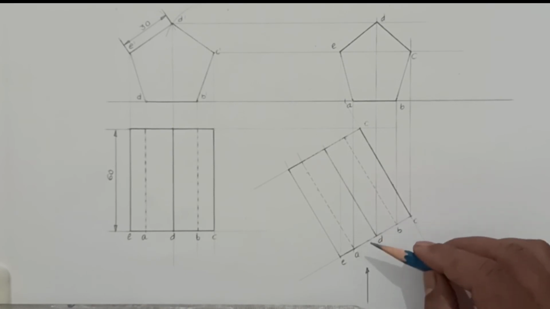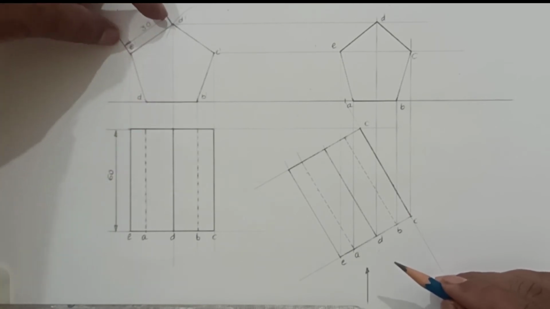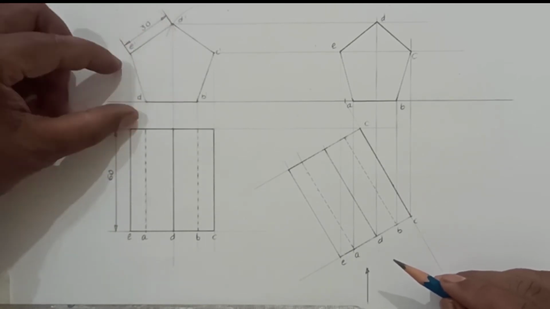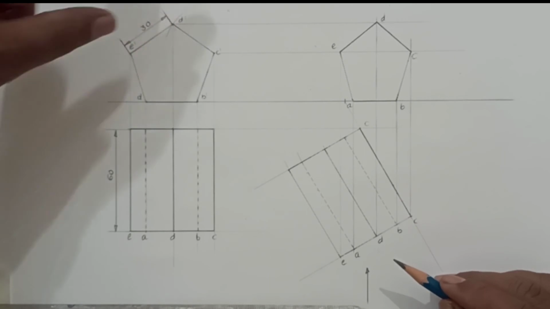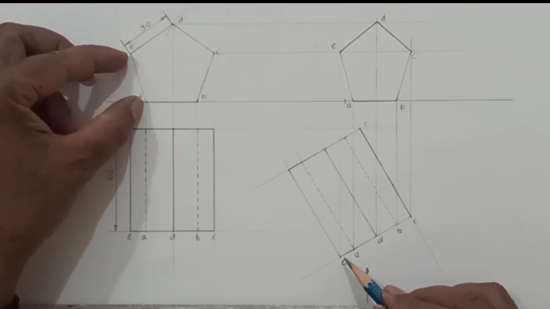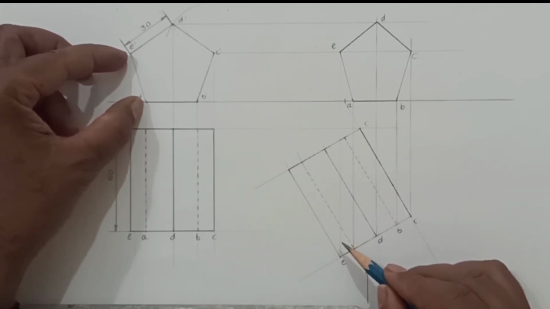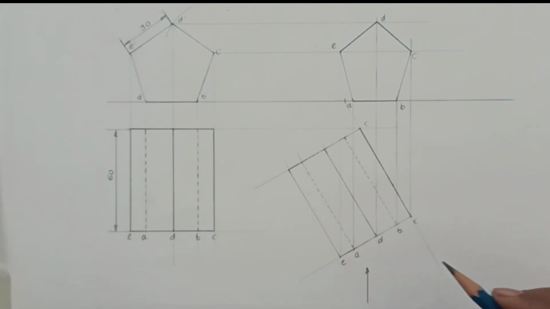Now when we are looking in this direction, these rectangular faces, AE and ED, will be visible. So consider this rectangular face, which is clearly visible, and locate its points. E and A are required.